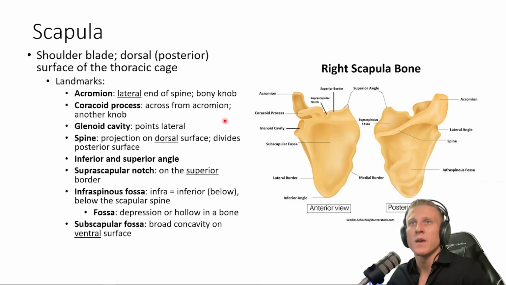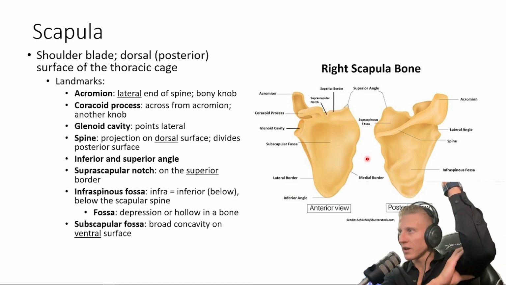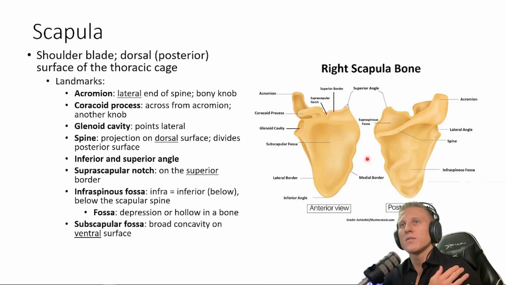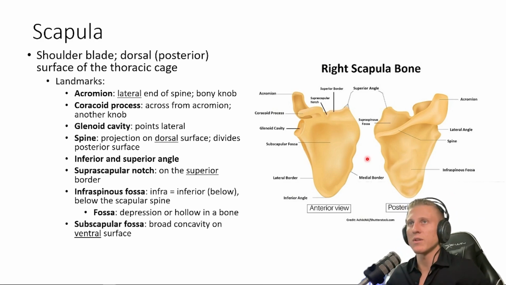Next, we have the glenoid cavity. Okay, this is the socket to the ball and socket joint of your shoulder. It is this surface right here. This is where the head of the humerus, which is your upper arm, this big guy right here, inserts into the scapula, and then there's a bunch of ligaments holding that together. Another key point is that joint needs to point laterally.